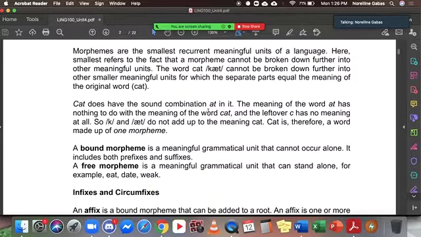Example, predestination, diba? Ang prefix doon, pre. Ang suffix, shan. Ang root word, destiny. Diba?